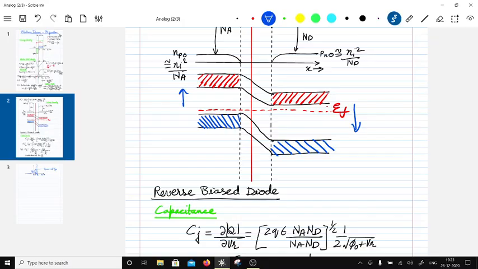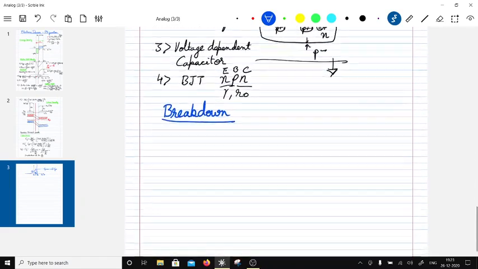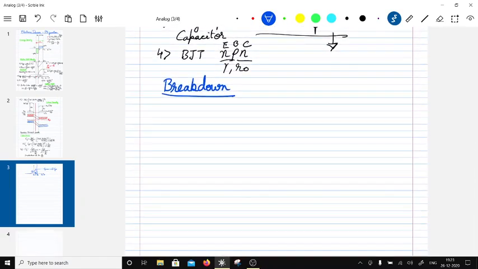So now what's going to happen is this side is going to align with that side. So let's draw this again. We're talking about breakdown. So we have this like this, and we go like this and like this.